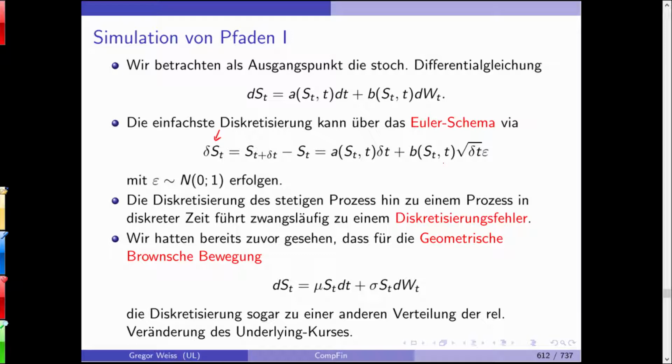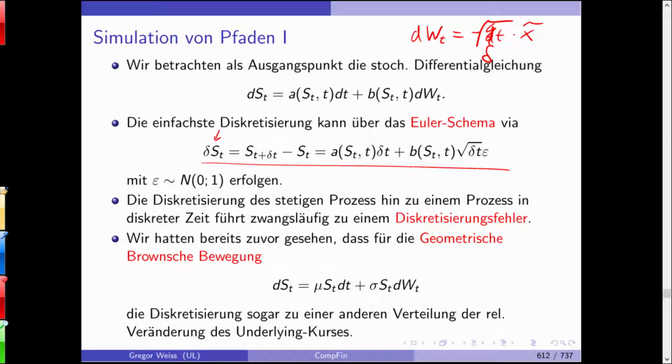So the change in the Wiener process can be approximated by a random number from the normal distribution times the square root of delta t. You remember this. The Wiener process was given by this, and x is a normally distributed random variable. So we approximate this continuous change in time with a discrete change of time, and then this is the Euler scheme.